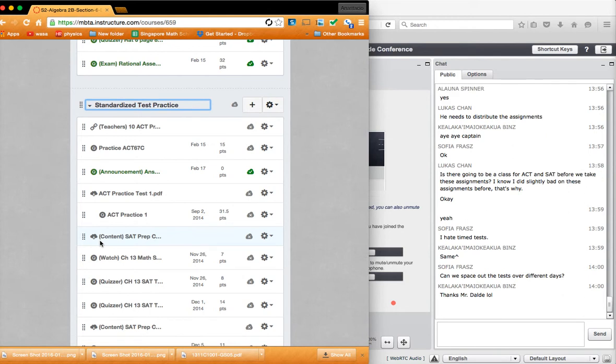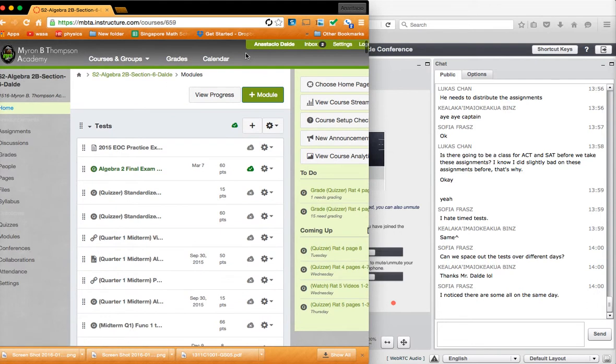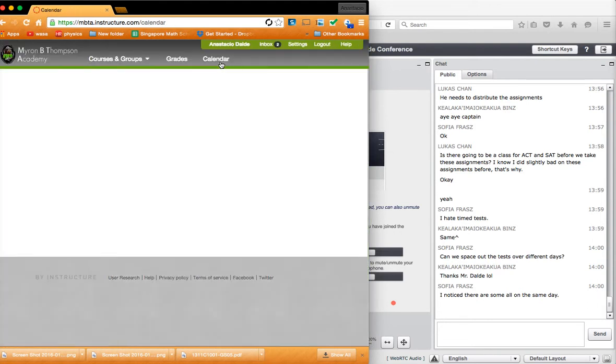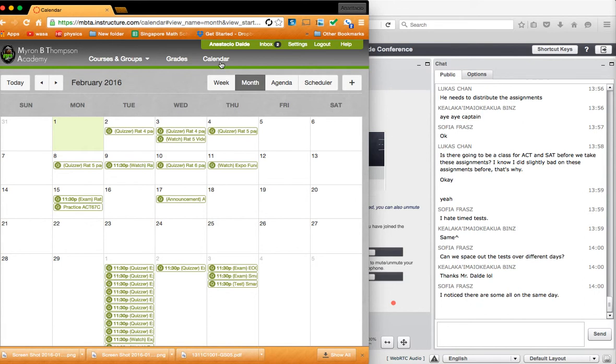What I'm doing is, you're going to look at the calendar and you're going to see all of these things stacked up on one day. I just have them there so I can have them in my calendar, but they're not actually going to be assigned on those days. I'm going to take these things and probably space them out. I haven't even finished making the SAT tests and all of that kind of stuff.